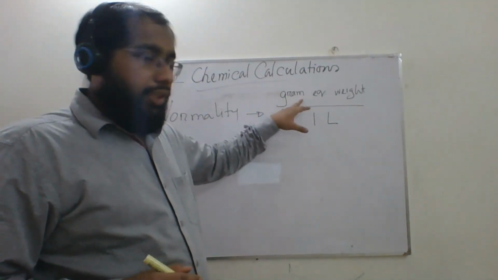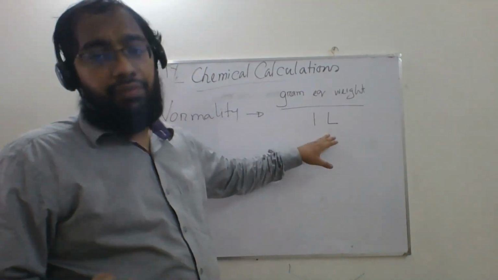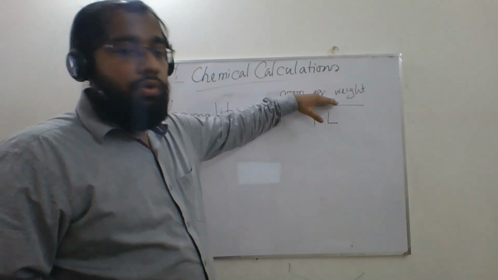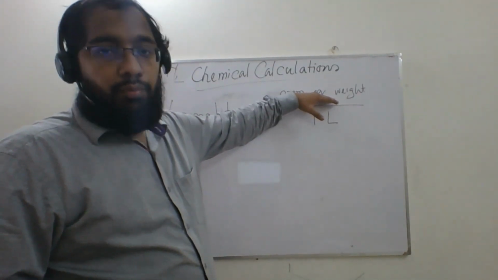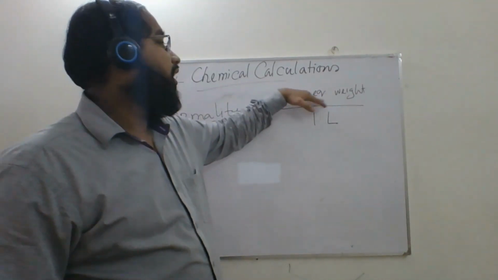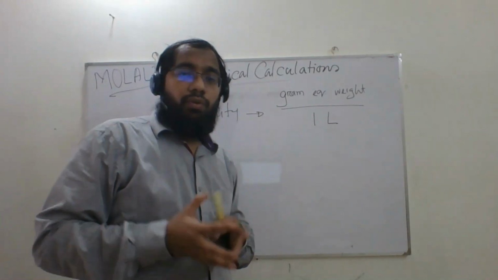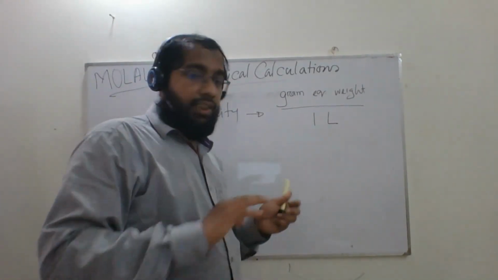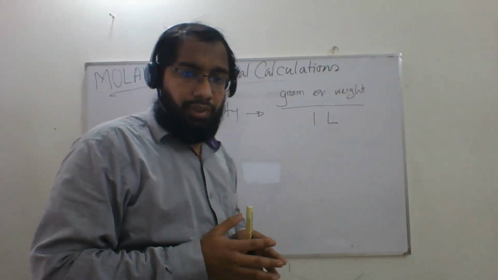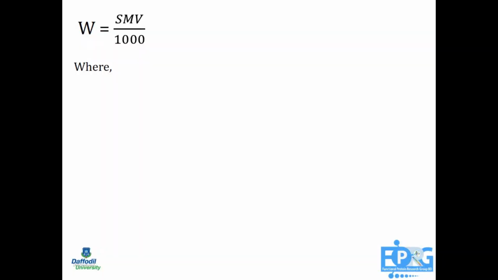So the difference here is that it is gram equivalent weight, and the volume remains the same. So it was molar mass in case of molarity, which is replaced by gram equivalent weight. We will tell it again later.